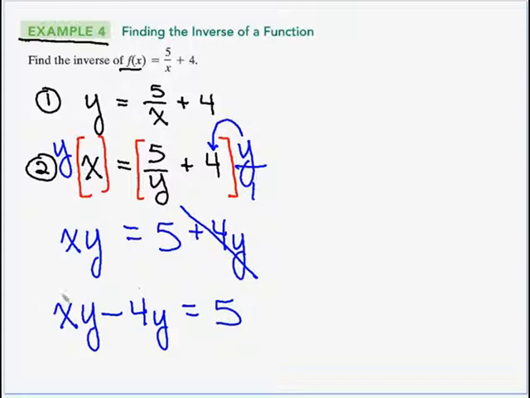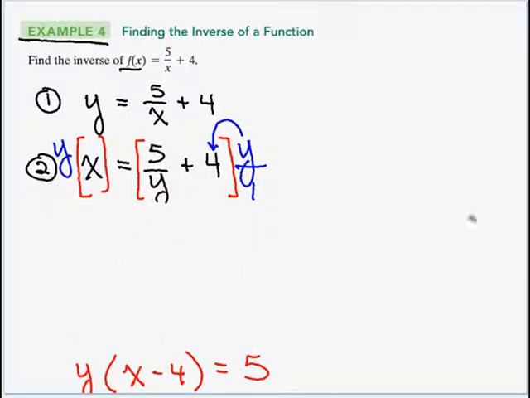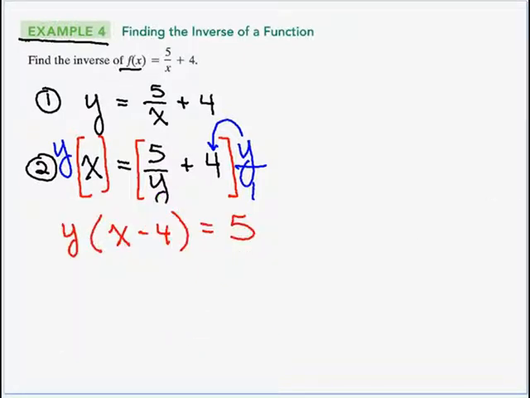Okay, now on the left I see 2 terms, each have a factor of y. So let's factor it out. Factor out the y, and we're left with, in the parentheses, x minus 4. And that's all equal to 5. Okay, last step, divide by that quantity, x minus 4.